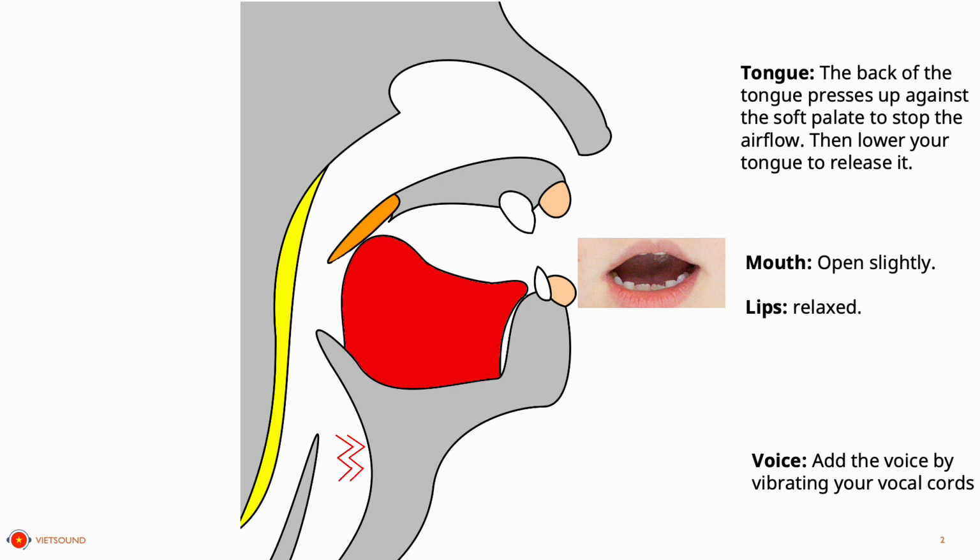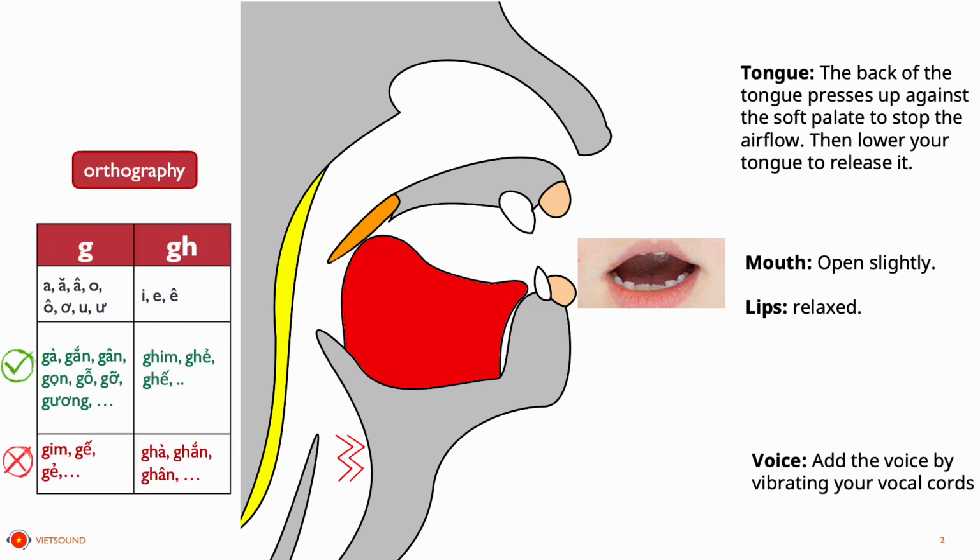I want to talk a bit more about the letter G and the G-H combination. They are exactly the same in pronunciation, but different in orthography. In Vietnamese, we have vowels like a, o, u, i, e.